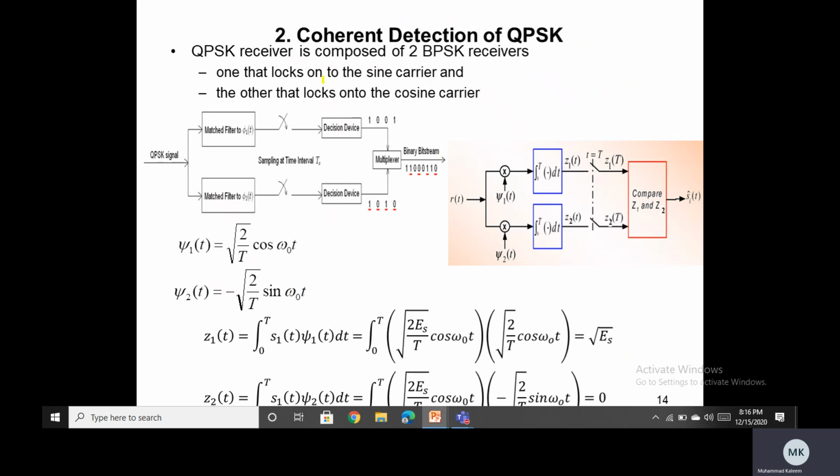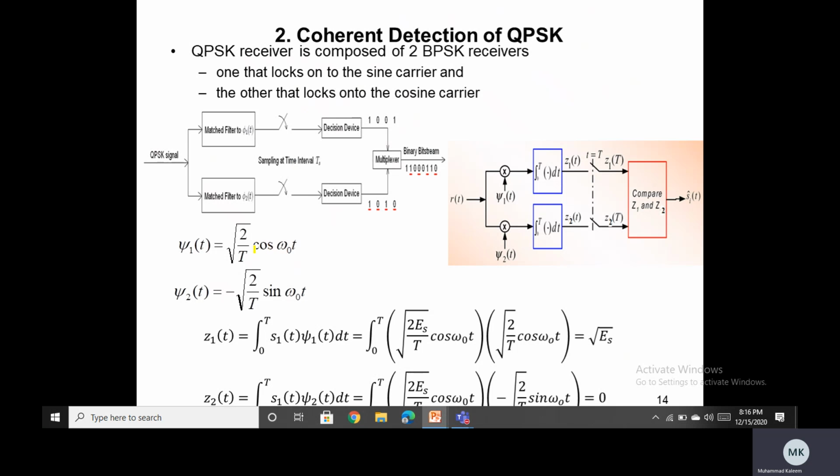One locks onto the sine carrier and the other locks onto the cos carrier. Receiver side coherent detection can be implemented either using a matched filter or realized using a correlator. Both solutions are mentioned, and these two solutions were discussed in the previous lecture as well.